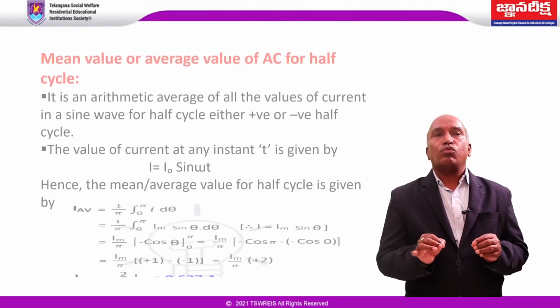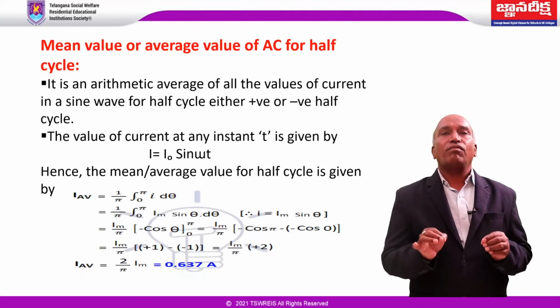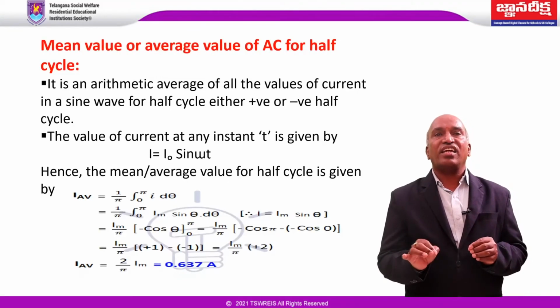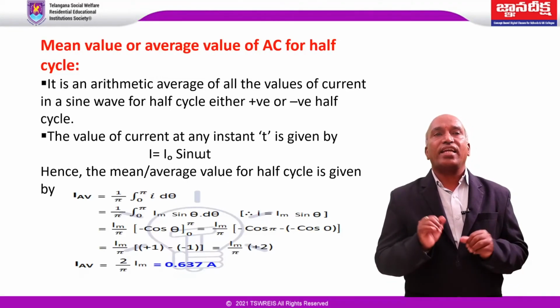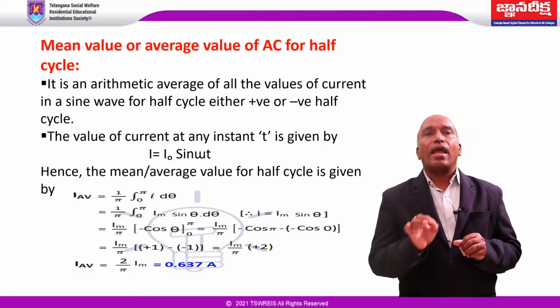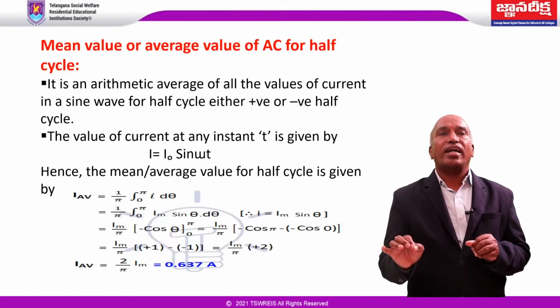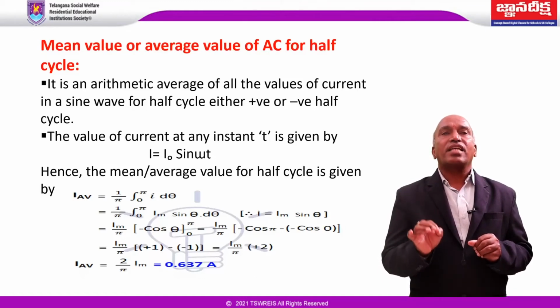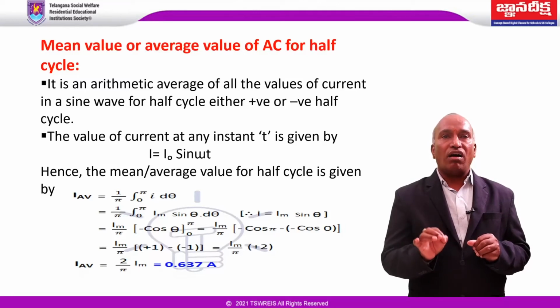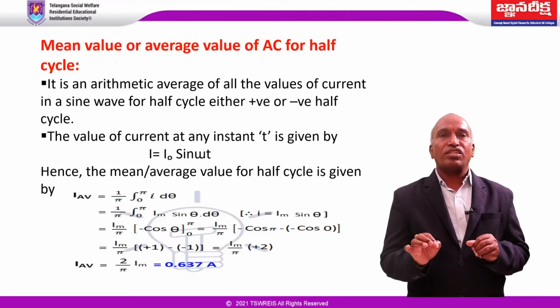Mean value or average value of AC per half cycle. It is an arithmetic average of all the values of current in a sine wave for half cycle, either positive or negative half cycle.